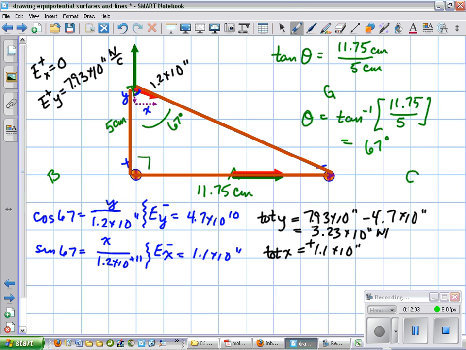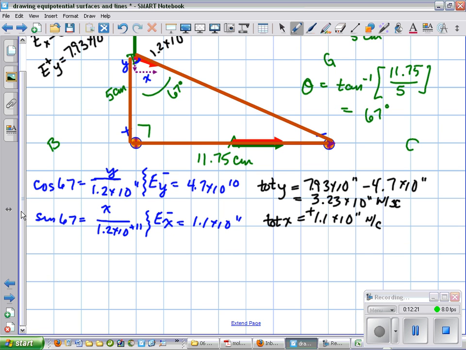Remember, these are all newtons per coulomb because, oops, that's a C, because these are all electric fields. Now, to find the total vector in that direction, these are both positive.